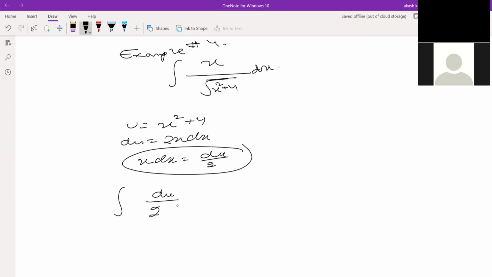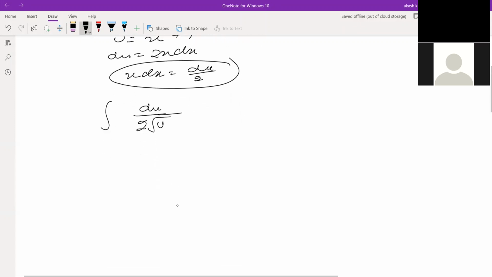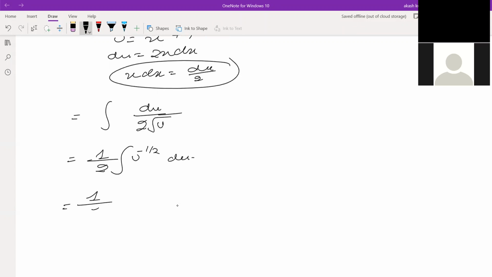And x squared plus 4 will become square root of u. Taking half out and writing u to the power negative half. If you add 1 to this and divide by the new power, it becomes half over half.